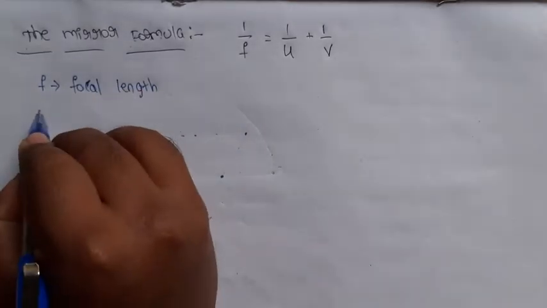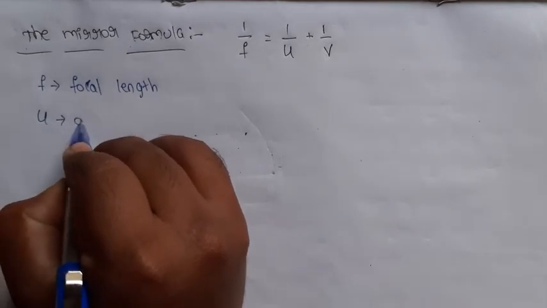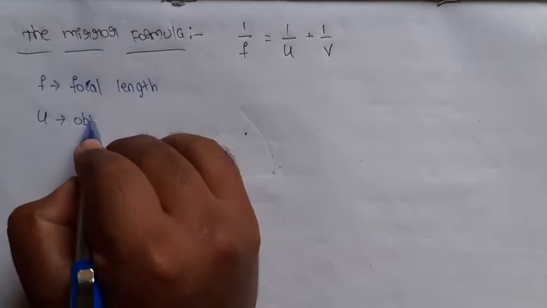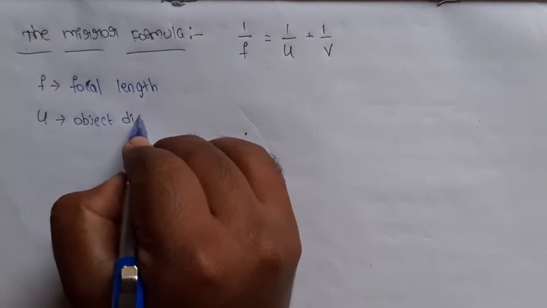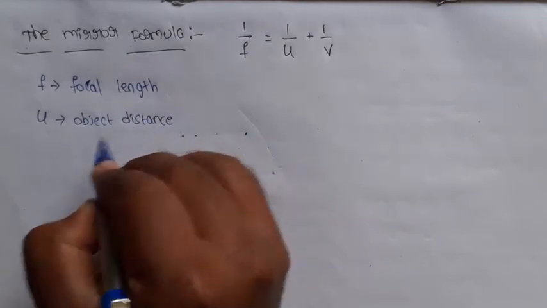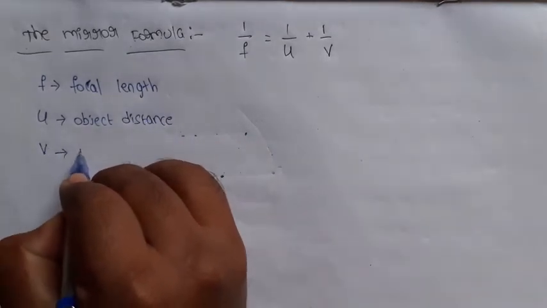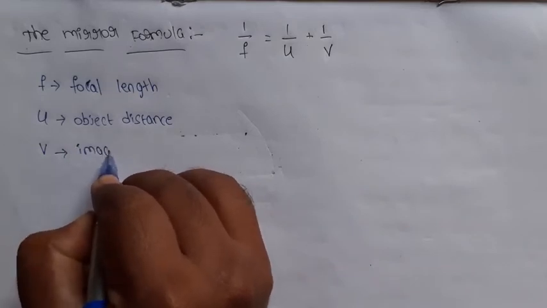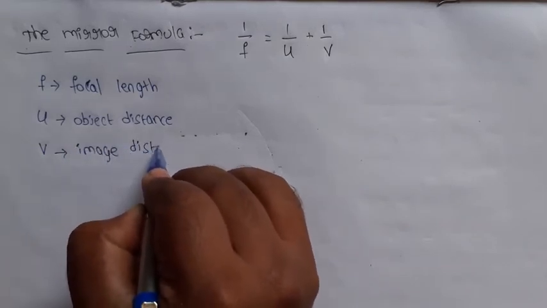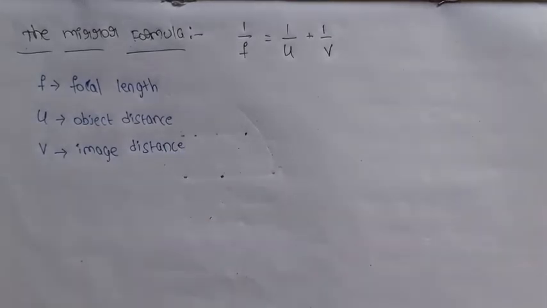next, u is object distance, next, v is image distance. Okay, these all are distances measured from the pole.